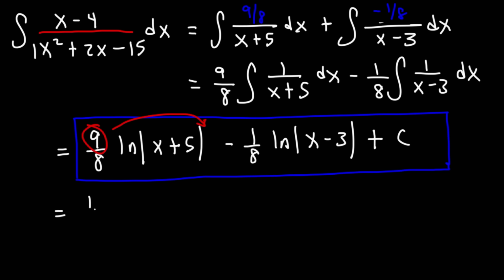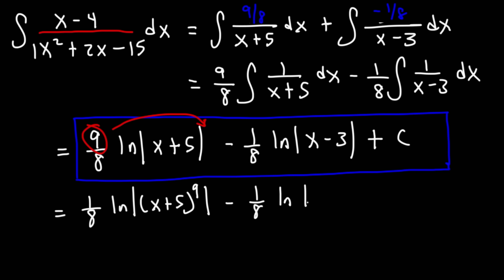So first, I would rewrite it as 1 over 8 ln, and this would be x plus 5 to the 9th power, but still within an absolute value symbol, and then minus 1 over 8 ln x minus 3 plus c. And then we can factor out 1 over 8 at this point, and then write it as a single log expression.